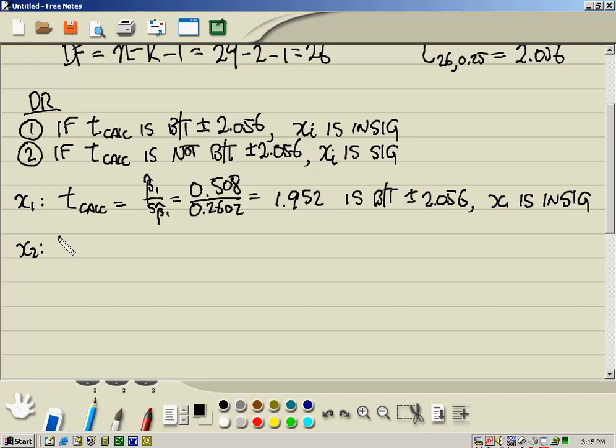Next, for x2, t-calc is beta hat 2 divided by s sub beta hat 2.